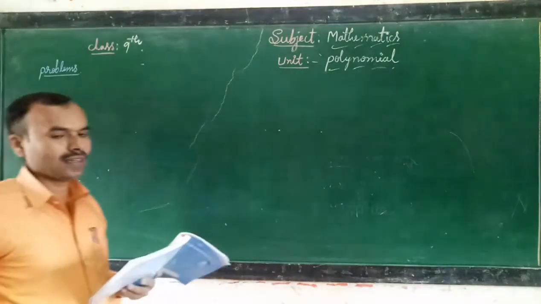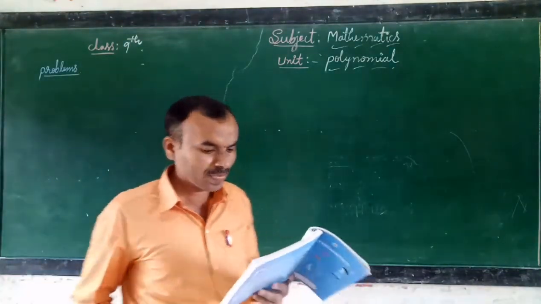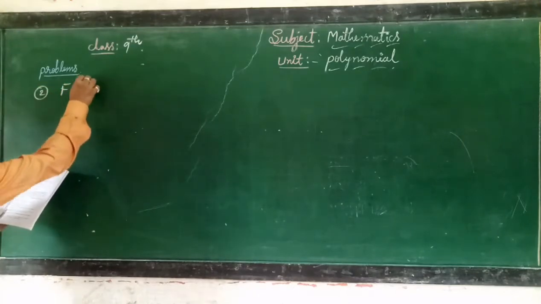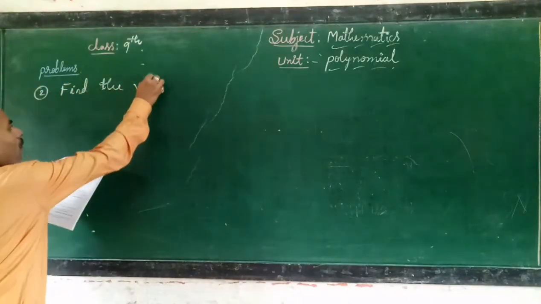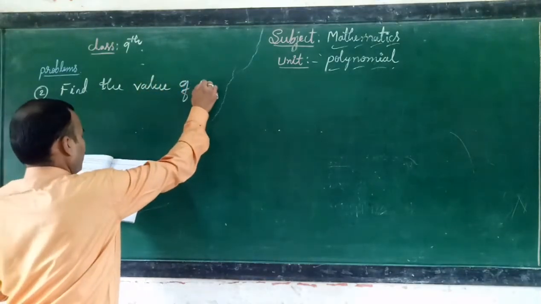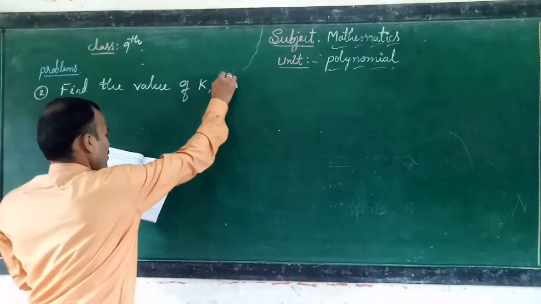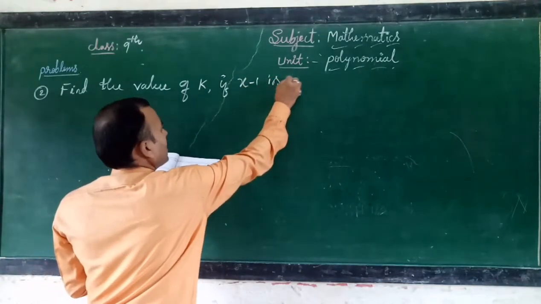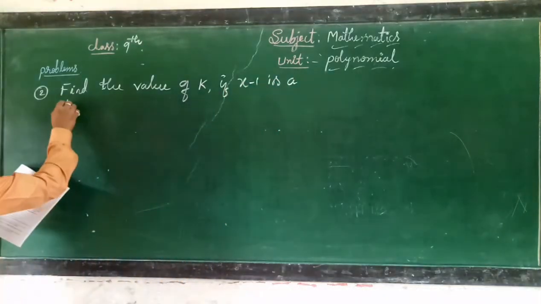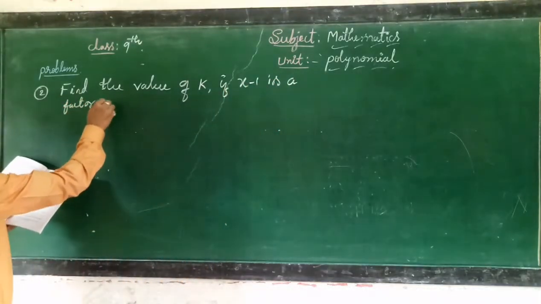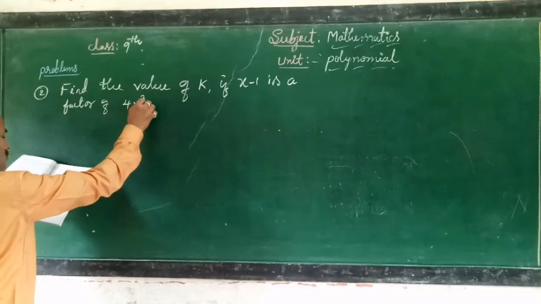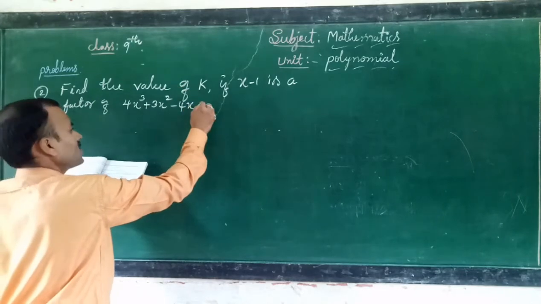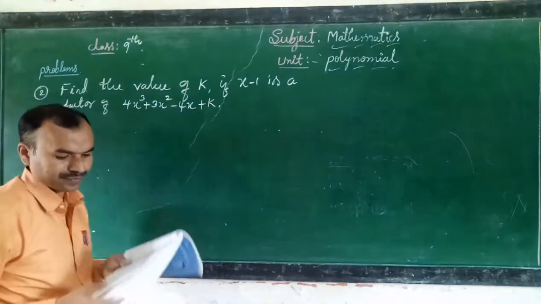Okay, dear students, now we shall take another problem. Find the value of k if x minus 1 is a factor of 4x cube plus 3x square minus 4x plus k.